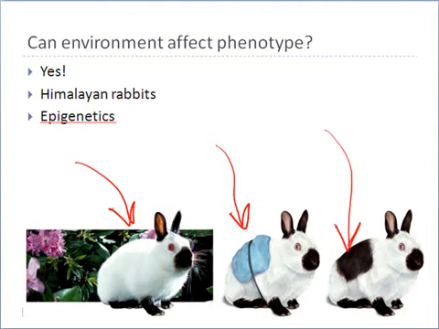Now if you think about Himalayan rabbits, if they're in an area where it's really cold, the best way to warm up is to absorb sunshine, the warmth from the sun, and the best way to absorb heat from the sun is to have darker fur. So obviously this would be an advantage to be able to change fur color dependent on the environmental conditions. So this is an example where environment interplays with your genotype to determine the phenotype.